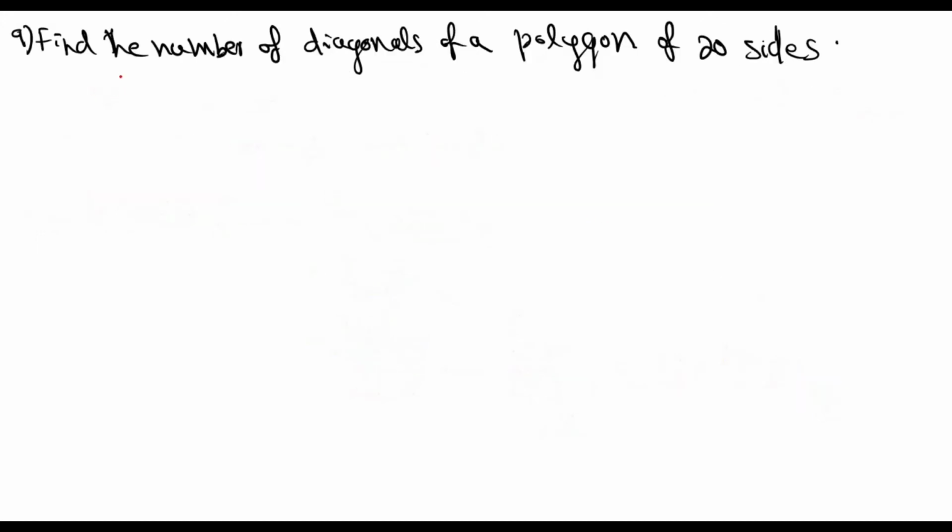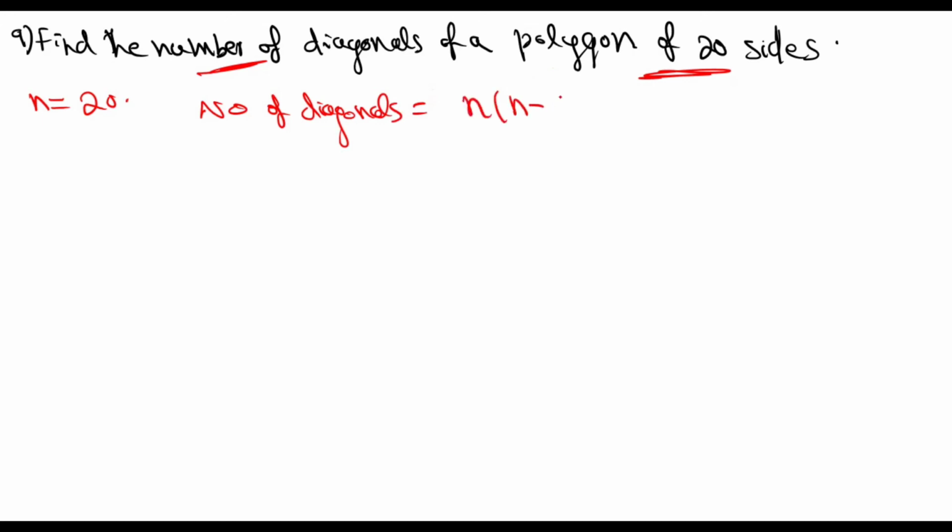See the next question. Find the number of diagonals of a polygon of 20 sides. You need to find the number of diagonals. That polygon has 20 sides. Okay. Here see n value is equal to 20. Write the formula. Number of diagonals is equal to n into n minus 3 divided by 2.